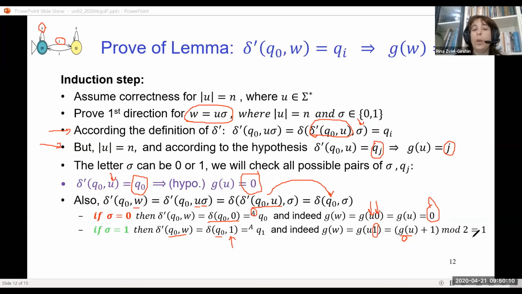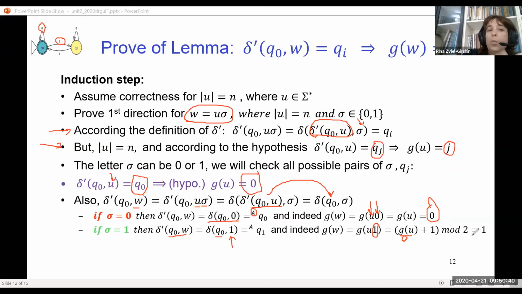So basically, if our prefix of length n had an even number of ones, then when we add an additional letter in our automaton, we move to the same state or representation that the function G over the word W will compute.